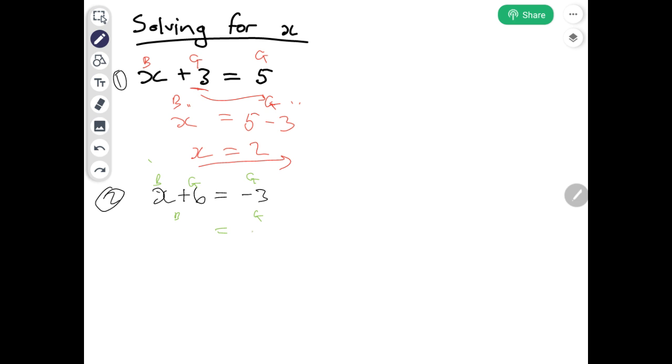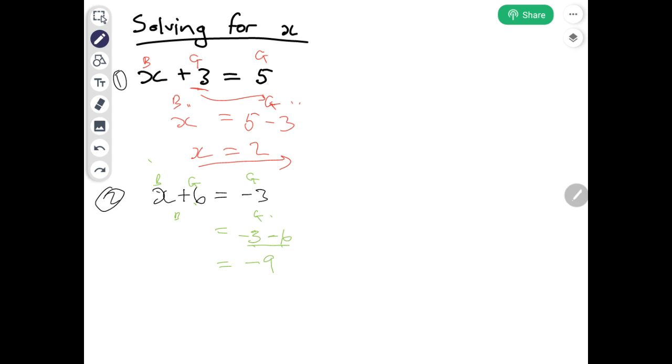So here on this side, you already have your -3, which is a girl. You have to bring this girl to the side. So it will be -6. So -3 minus 6 will be -9. You can use your calculator to calculate this. It will be -9.